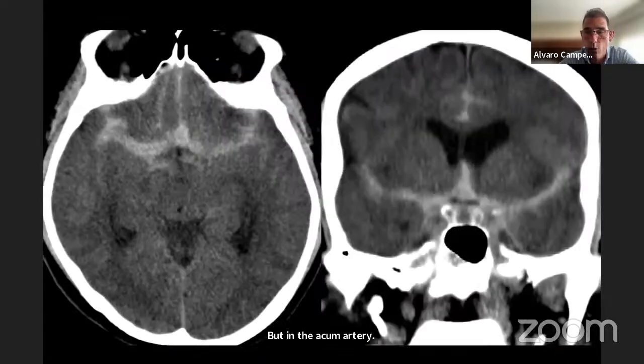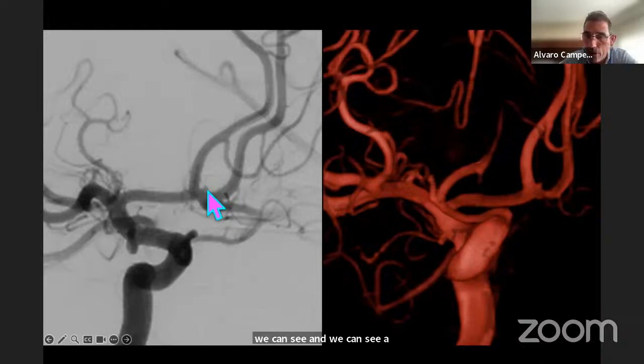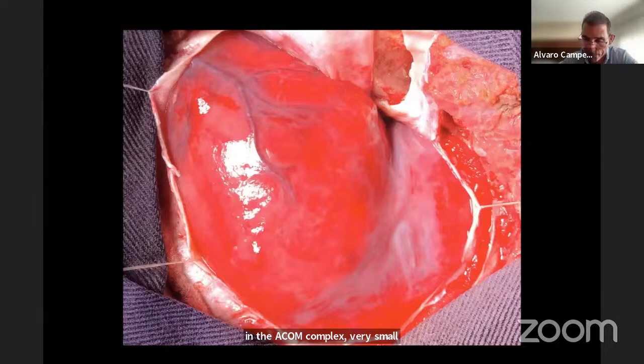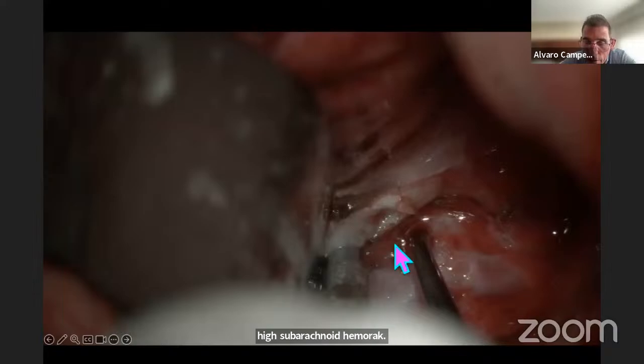And I would like to show an example. Subarachnoid hemorrhage, we can see, and we can see a very small aneurysm in the ACom complex. Look, the brain with a very big subarachnoid hemorrhage, and we can see a very small aneurysm here, on the right side.